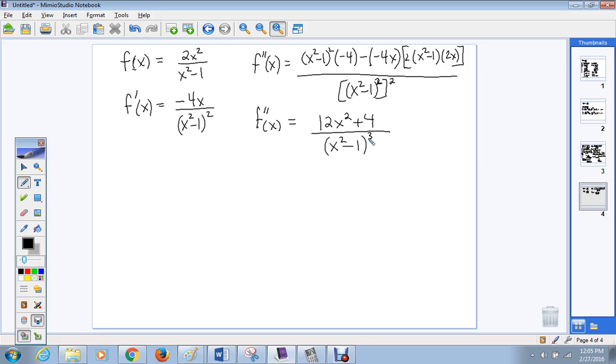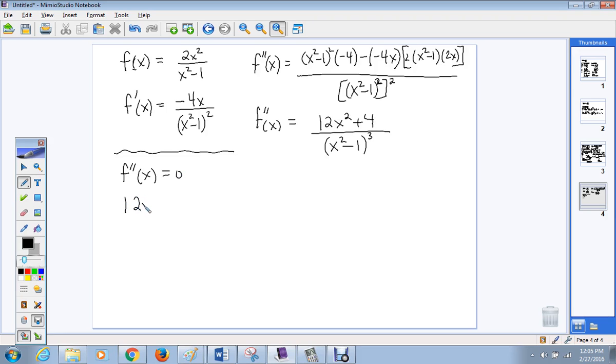Now, to find the possible points of inflection, we're going to set our second derivative equal to 0. And we're also going to look where it is undefined, because it could change concavity at those points also.